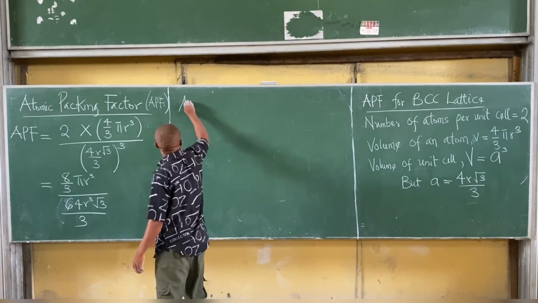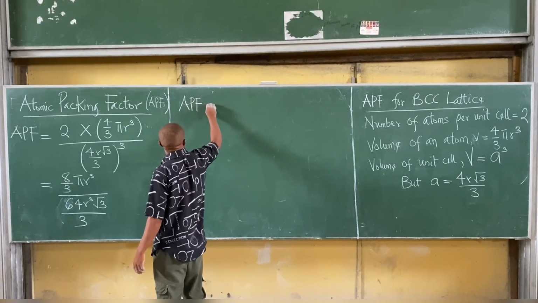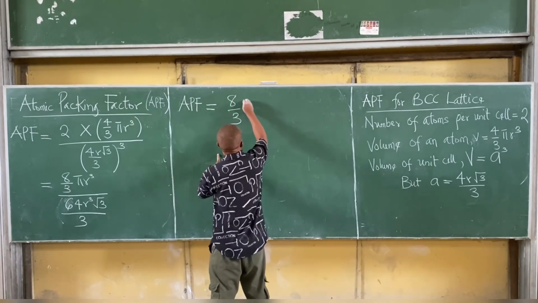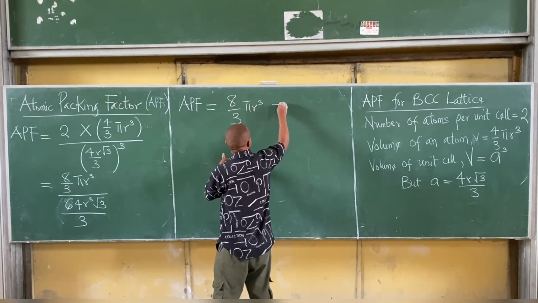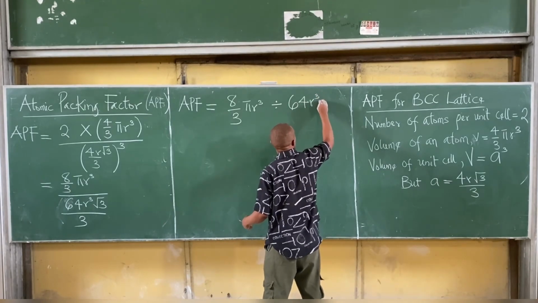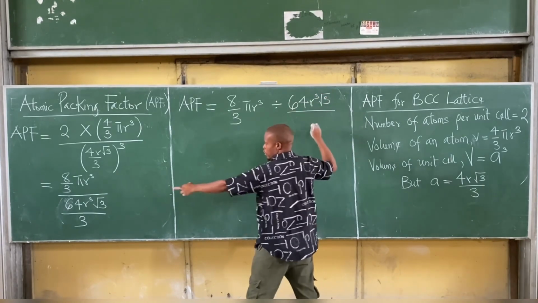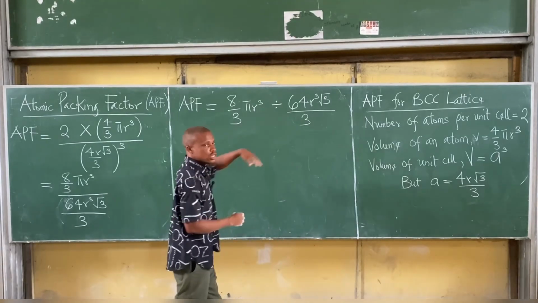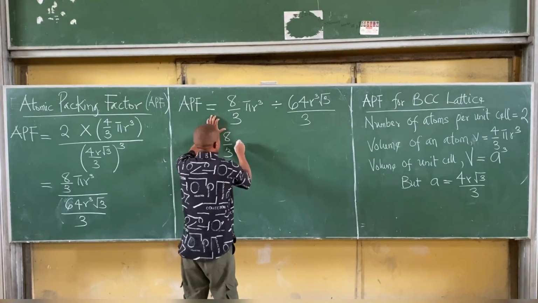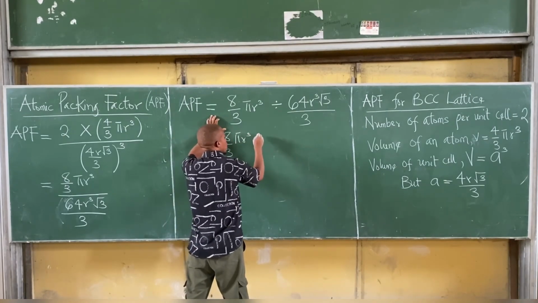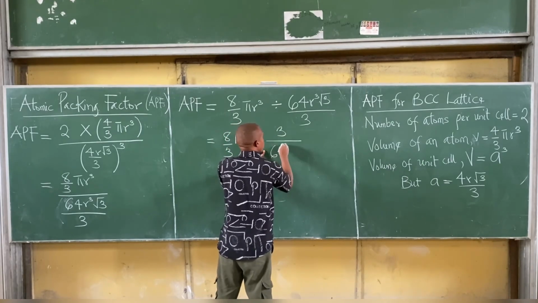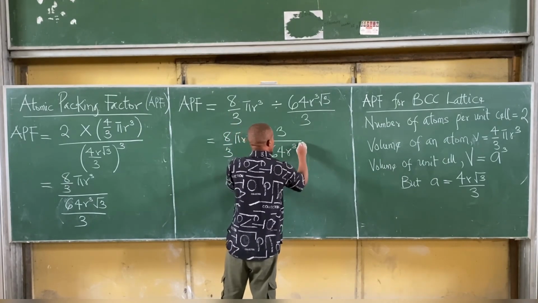APF equals 8 over 3 pi radius cube divided by 64 r cube root 3 over 9. This gives me 8 over 3 pi radius cube multiplied by 9 over 64 r cube root 3.